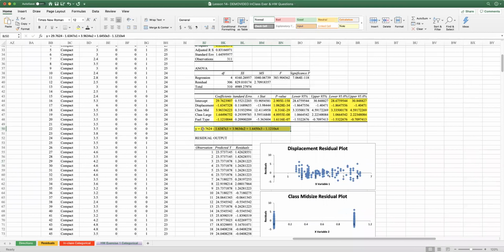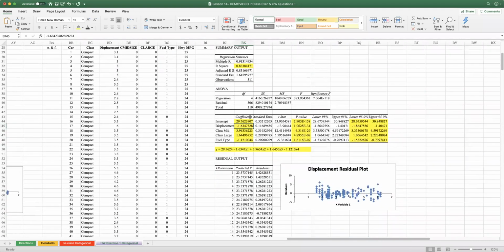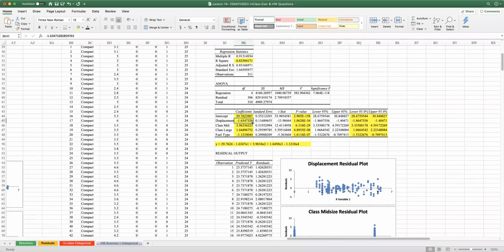So again, what you're saying here is as the amount of displacement goes up, it has a negative effect on the highway miles per gallon, as you would expect.